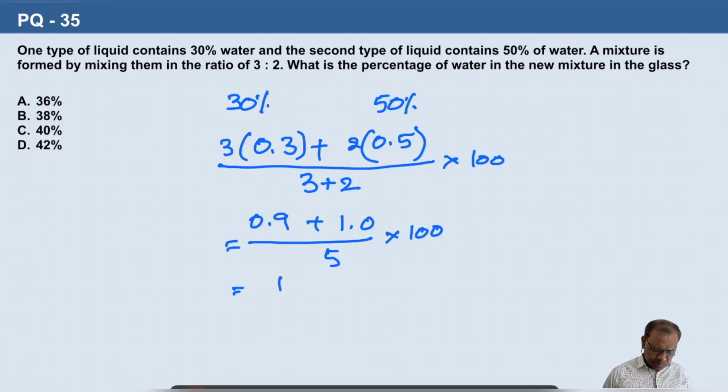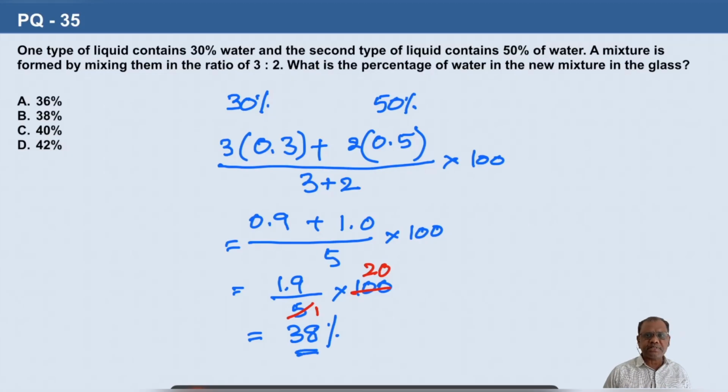That is 1.9 by 5 into 100. Simplify 5 ones, 5 20s. So what is remaining? 1.9 into 20. That is 38%. So there is 38% of water in the mixture in the glass. Option B is the right answer.